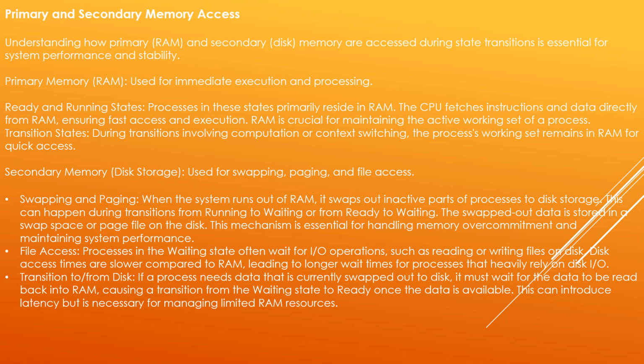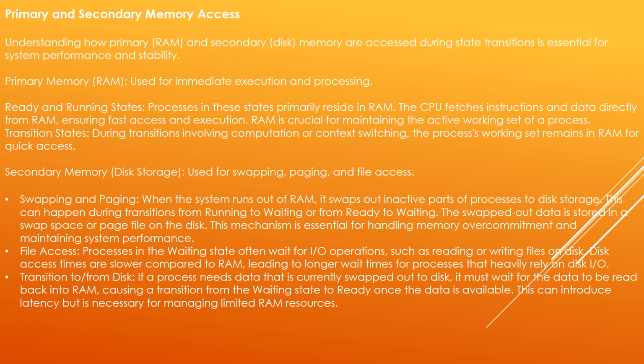Secondary memory. The secondary memory is disk storage, used for swapping, paging, and file access. Swapping and paging. When the system runs out of RAM, it swaps out inactive parts of processes to disk storage.